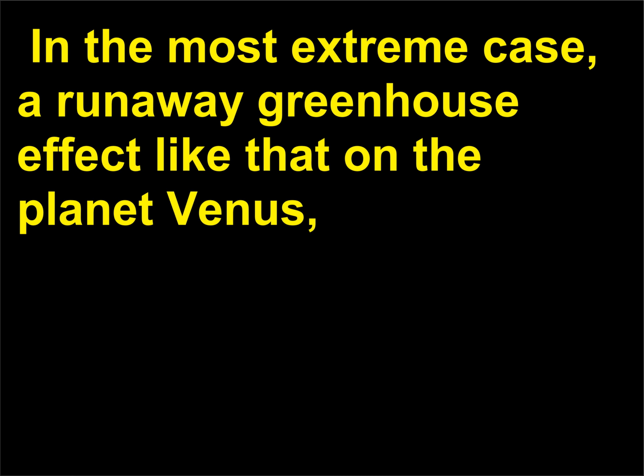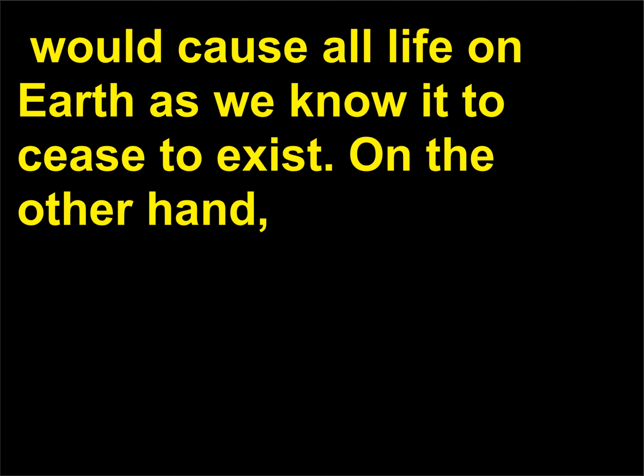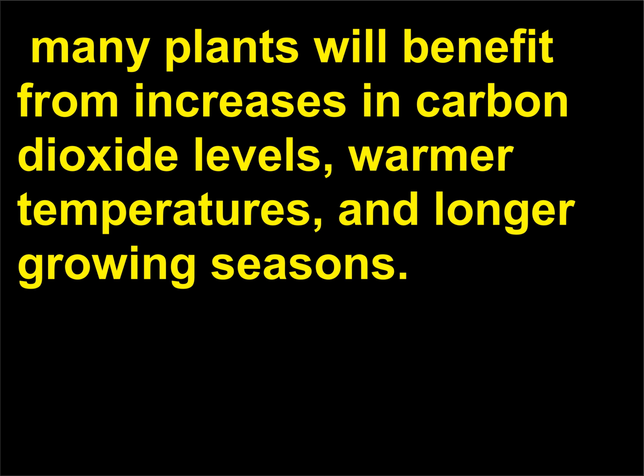In the most extreme case, a runaway greenhouse effect like that on the planet Venus would cause all life on Earth as we know it to cease to exist. On the other hand, many plants will benefit from increases in carbon dioxide levels, warmer temperatures, and longer growing seasons.